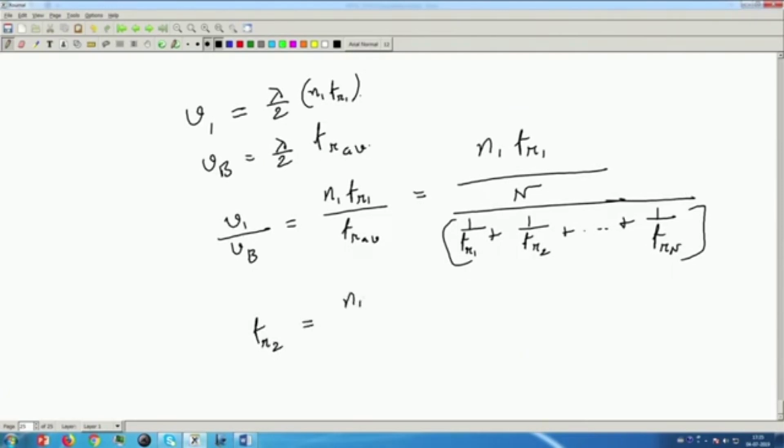This we used earlier; now we require this 1 by F r 2, that will be n 2 by n 1 F r 1.